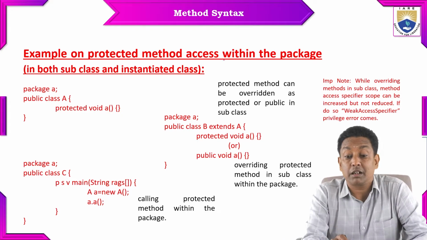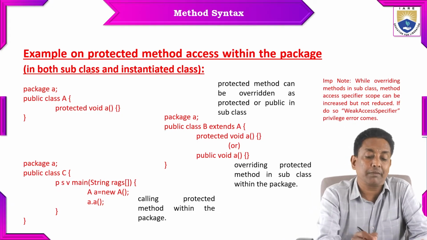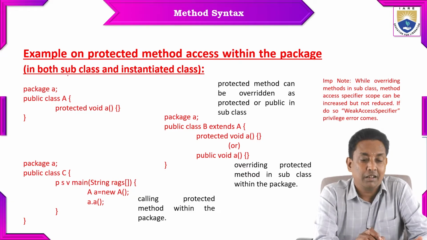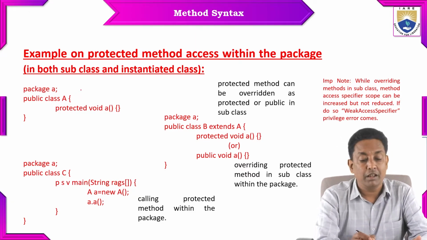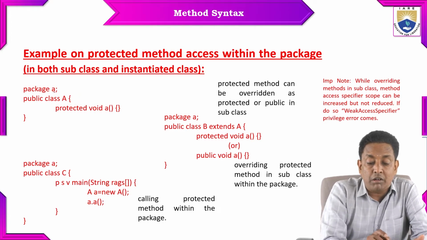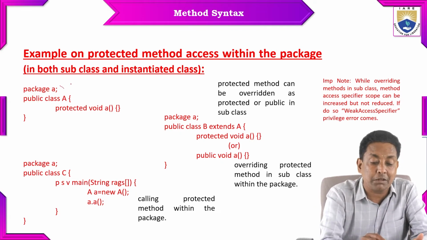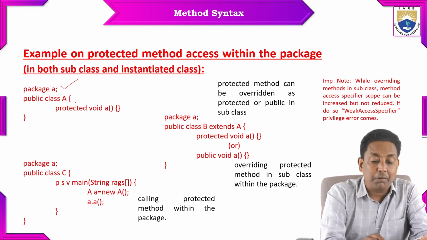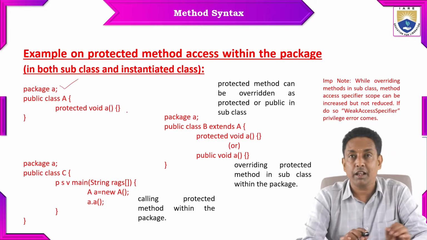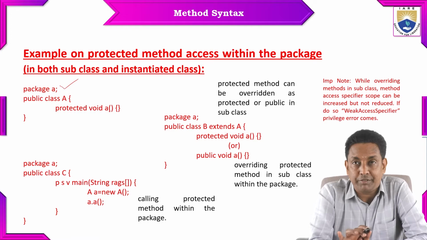Example on protected method access within the package in both subclasses and instantiated classes. There is a package called A. Package name A, public class A, and to show that B and C are also in the same package, I mentioned package A. Public class A, protected void A. So this method can be accessed anywhere within the package.